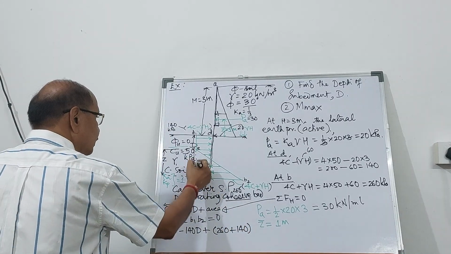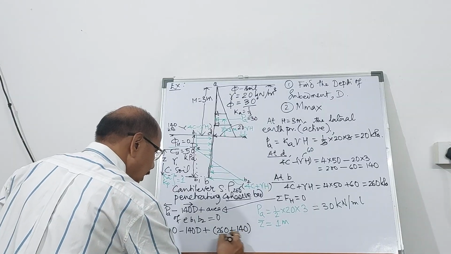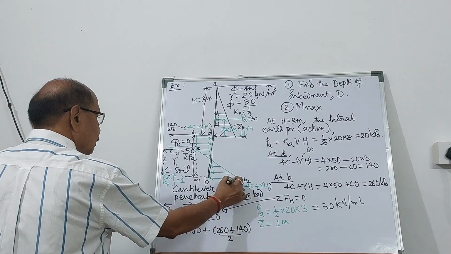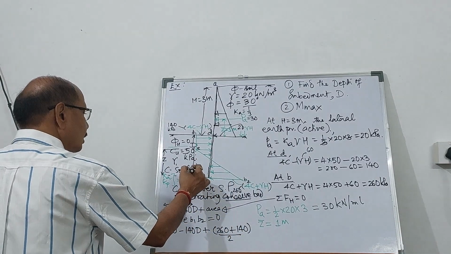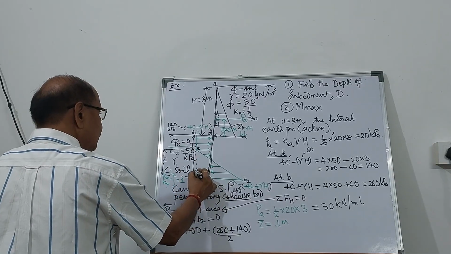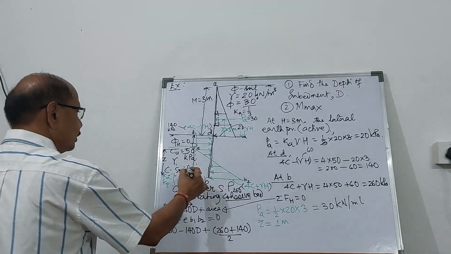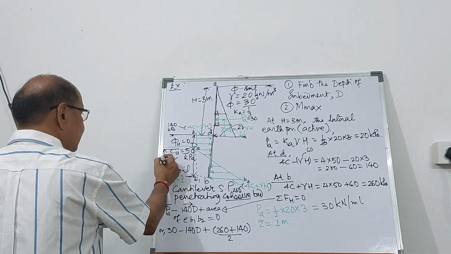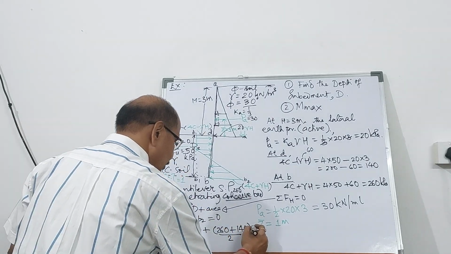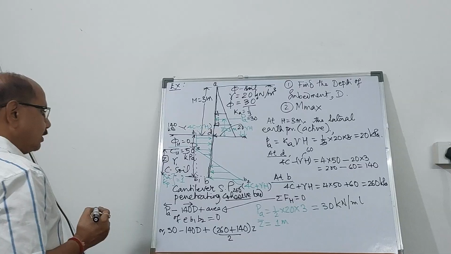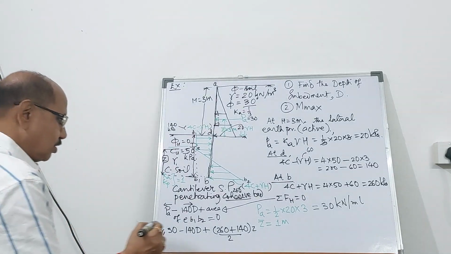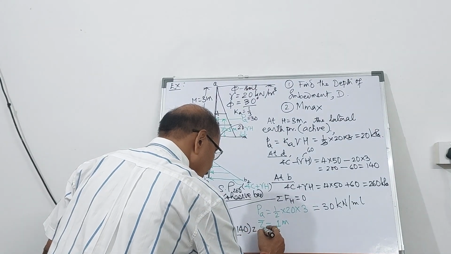So complete base, this triangle, the half. So this plus this, 1 by 2, this plus this, into this distance has been taken as z. So you multiply it by z. Must be equal to 0.